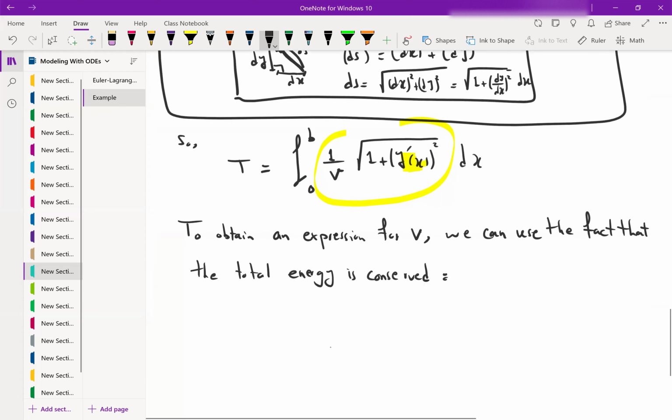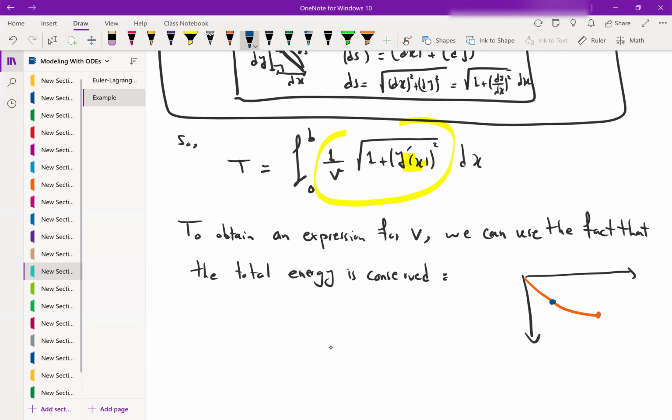Okay, so what does that tell me? Let me draw our picture again. This is our wire. And what I want to know is the velocity of the bead at any point as it is sliding along this wire.